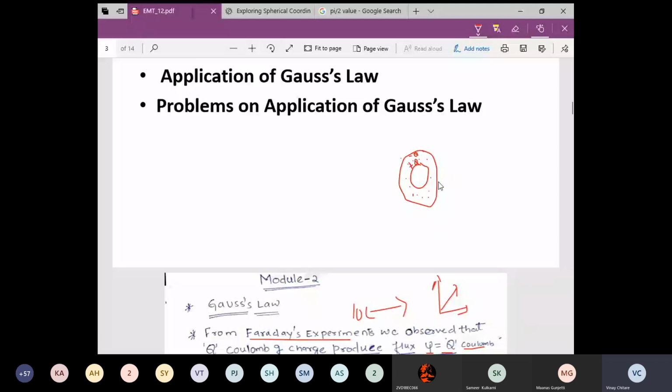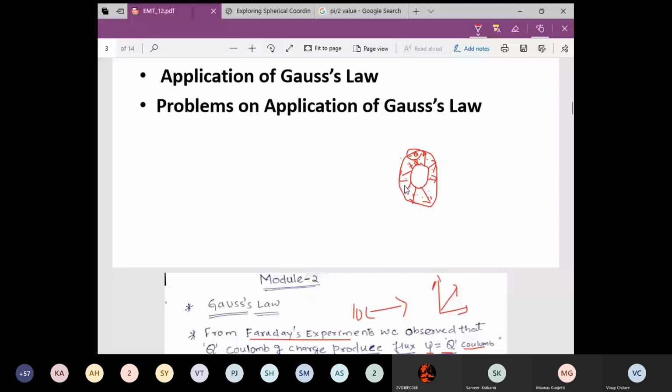This minus Q induced charge was independent of the dielectric material used. Faraday thought that there might be some kind of flux, a kind of lines, independent of the medium, emerging from the inner sphere and terminating on the outer sphere, and he called those lines the electric flux lines.